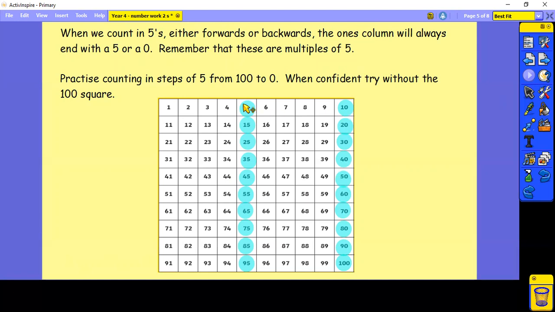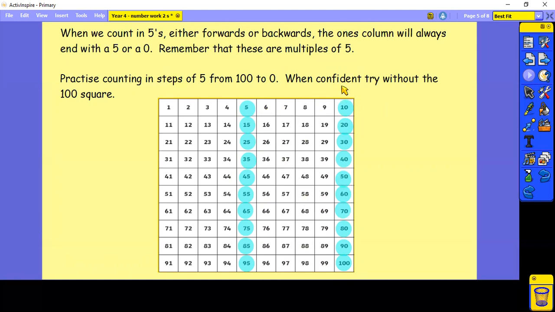So we're going to do this together and then you're going to practice on your own. So we're going to go 100, 95, 90, 85, 80, 75, 70, 65, 60, 55, 50, 45, 40, 35, 30, 25, 20, 15, 10, 5 and 0 here.